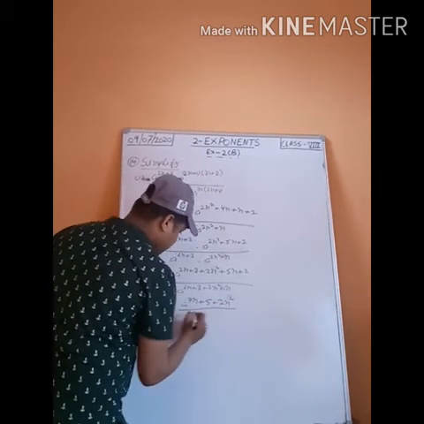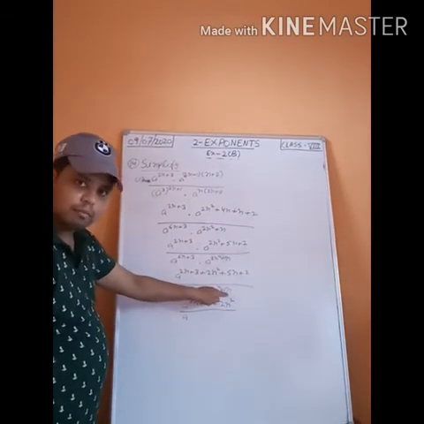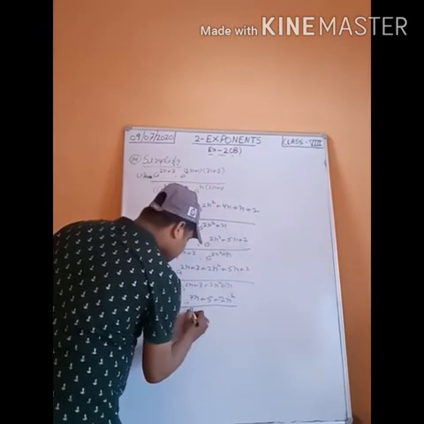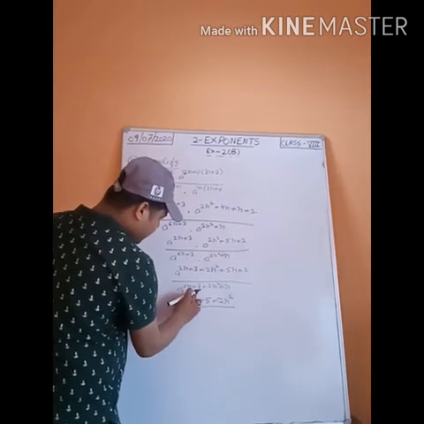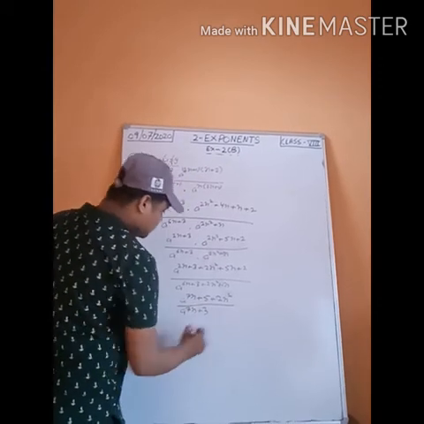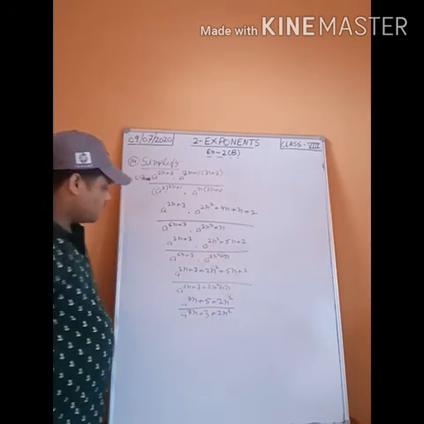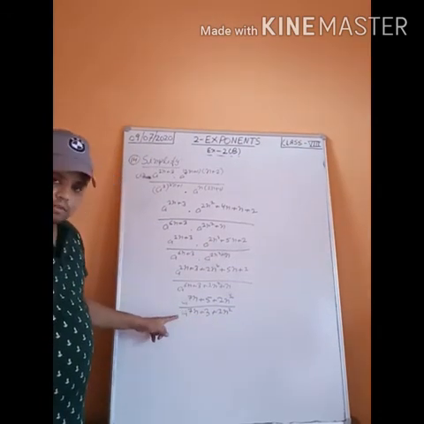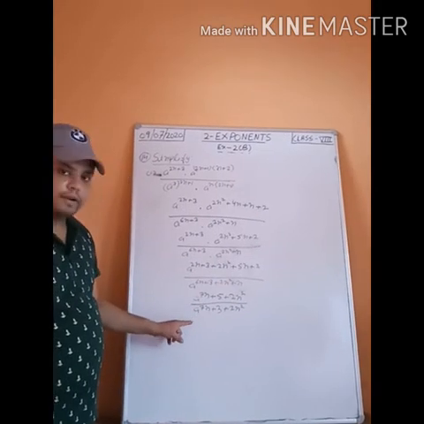Upon a 6n, any other number, n, yes, plus n. So 7n plus 3, any other number, no, so plus 3, then plus 2n square. Now you can see both the bases are same and they are in divide, so we can subtract the powers.